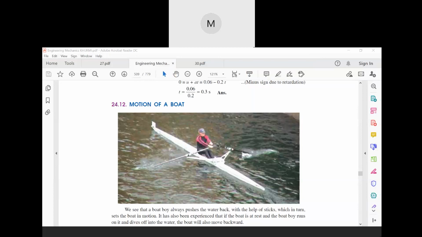Every action. That means the action is what? Moving of a boat. And equal and opposite reaction means what? The boat is moving forward, and you are rowing in the opposite direction. Since you are giving a reaction in the opposite direction, that is why the boat is moving in the forward direction. This is how it is being done.